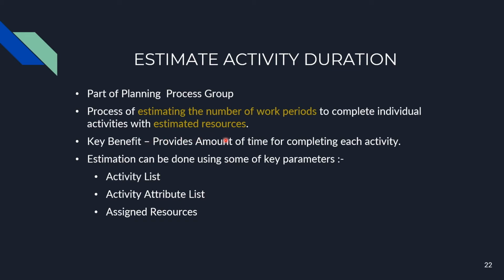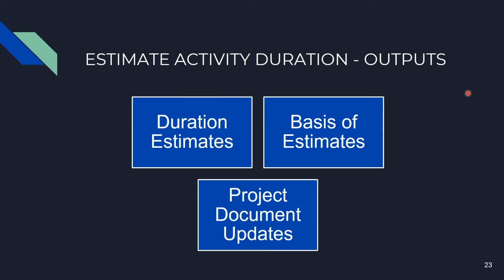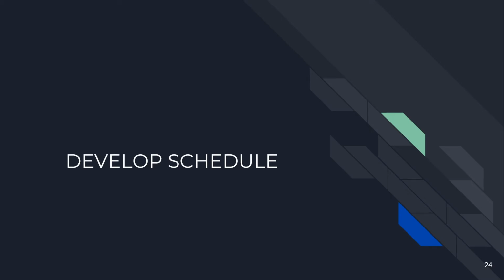The key benefit is that it provides the time required for completing each activity. Estimation can be done using the following parameters: activity list, activity attribute list, and assigned resources. Outputs for the estimate activity durations process are duration estimates, the basis of estimates, and project document updates.